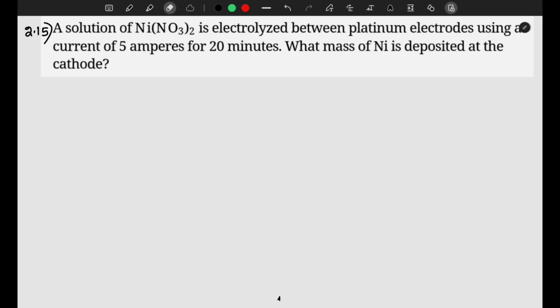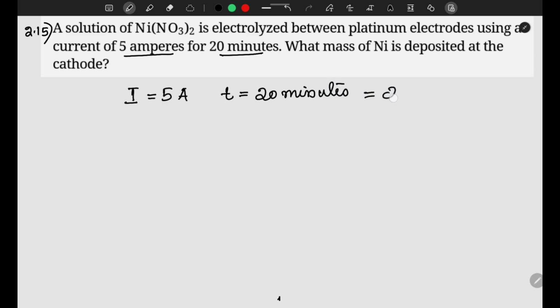A solution of nickel nitrate is electrolyzed between platinum electrodes using a current of 5 ampere for 20 minutes. What mass of nickel is deposited at the electrode? So, current is given as 5 ampere and time is given as 20 minutes, that is 20 into 60. So 1200 seconds.